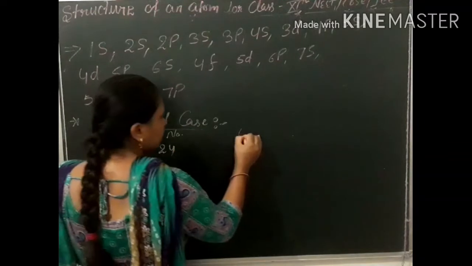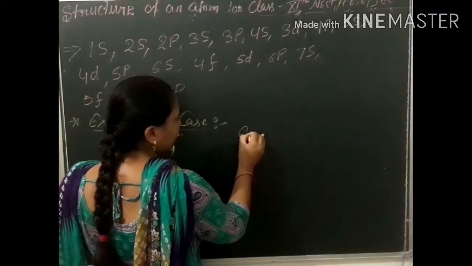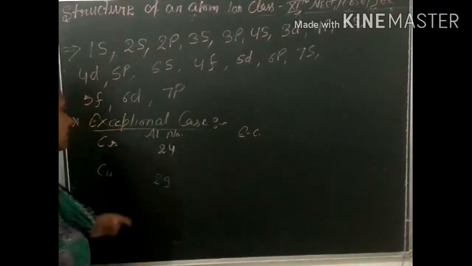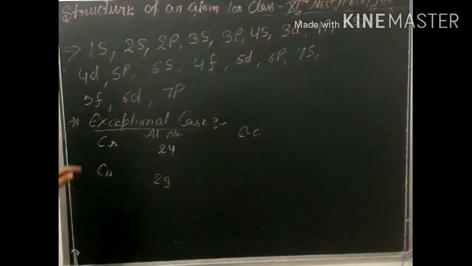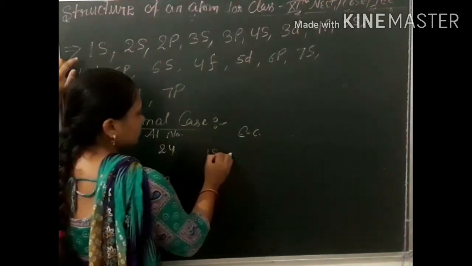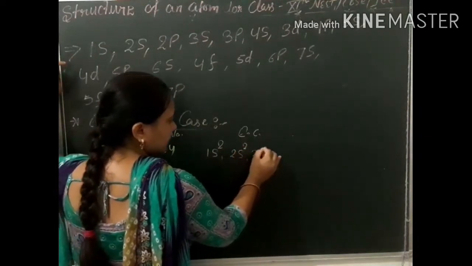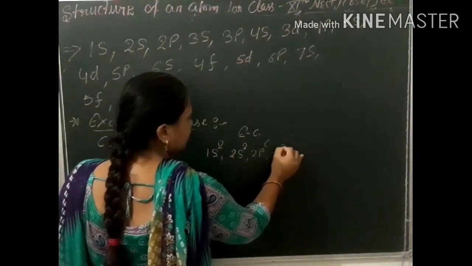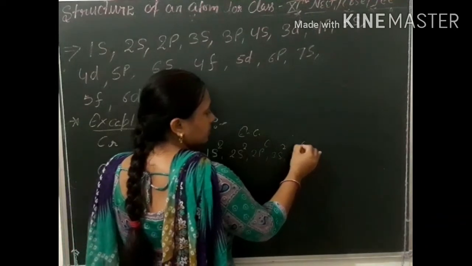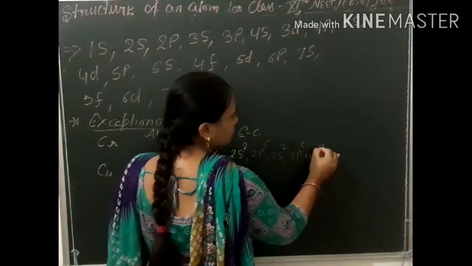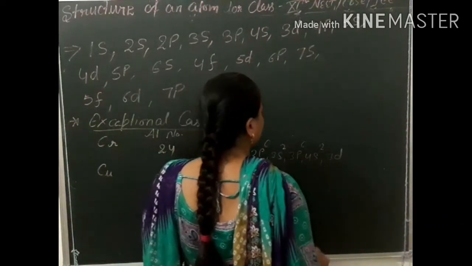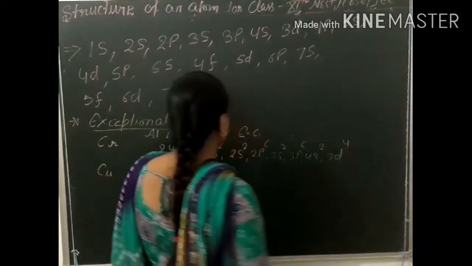Now from here the expected electronic configuration of chromium, if we fill it, is 1s2, 2s2, 2p6, 3s2, 3p6, 4s2 and 3d4.